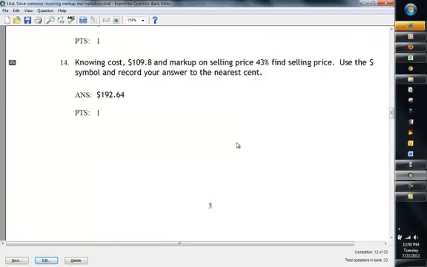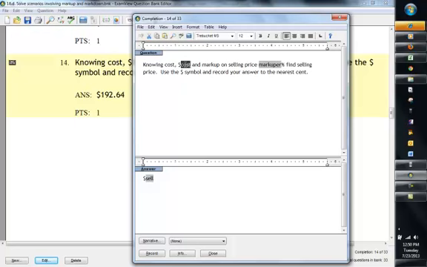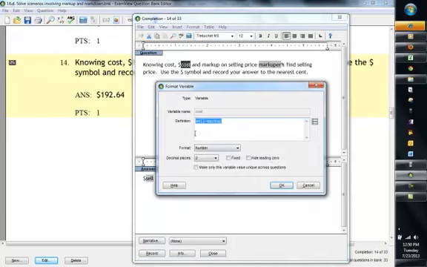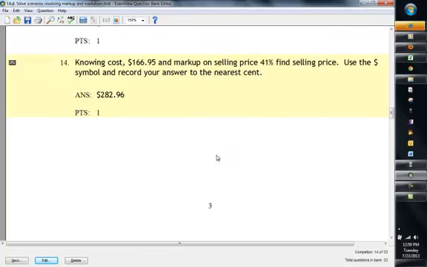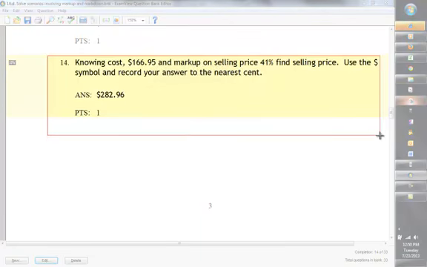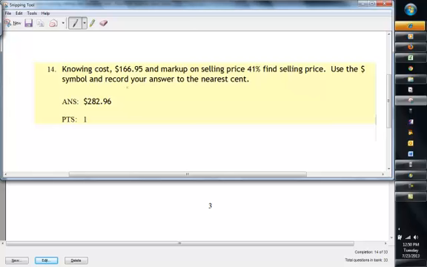Knowing the cost of $166.95 and a markup on selling price of 41%, find the selling price. So this is the cost, $166.95 is the base times 59%, since it's 41% off.